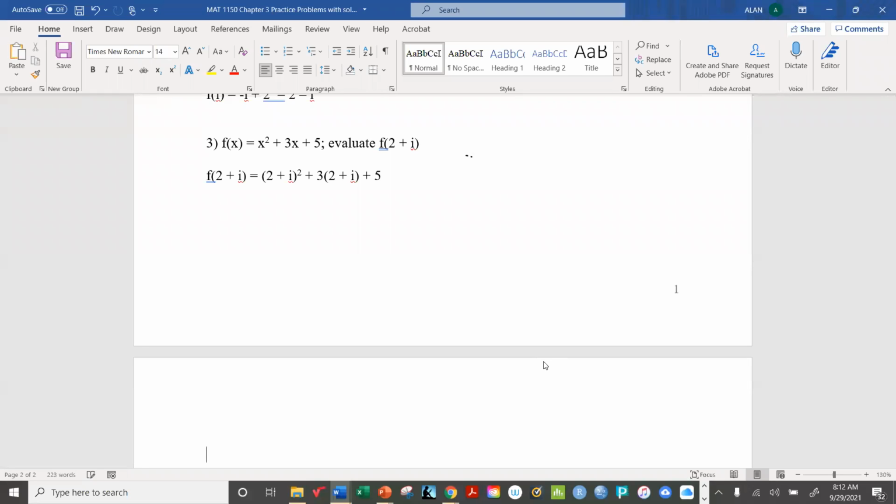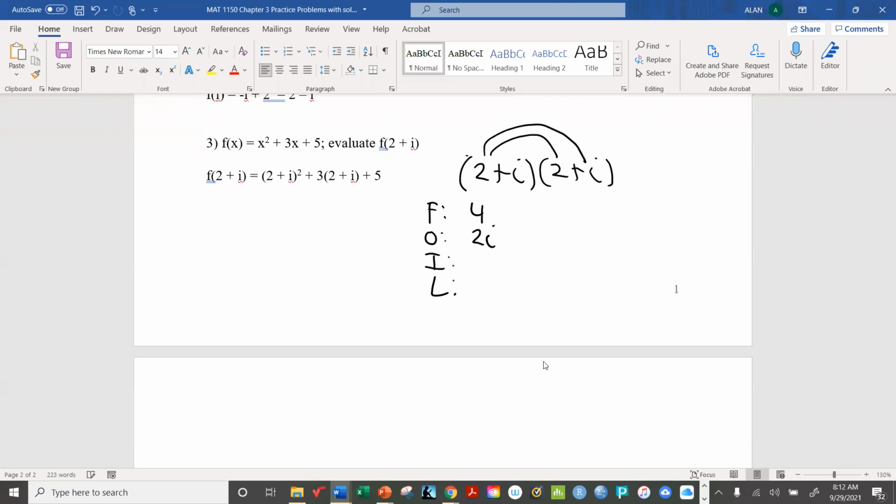If you take 2 plus i times 2 plus i and apply FOIL, you have 4, 2i, 2i again, i squared.